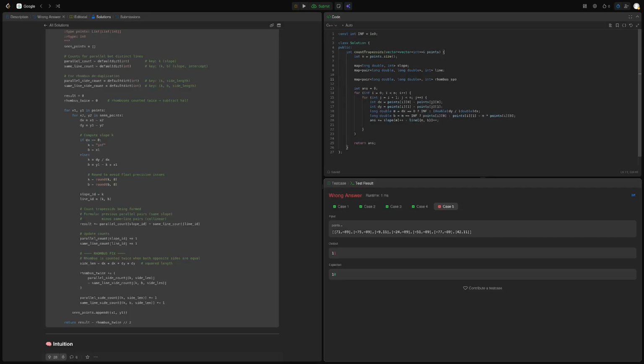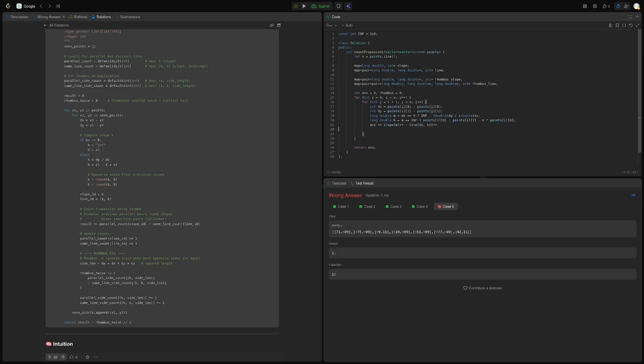Slope, pair of long double, int, rhombus, line maybe, and then we want to do rhombus.